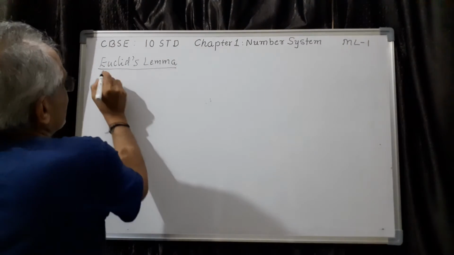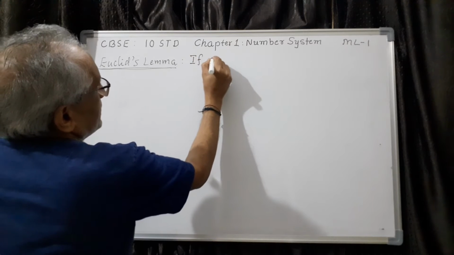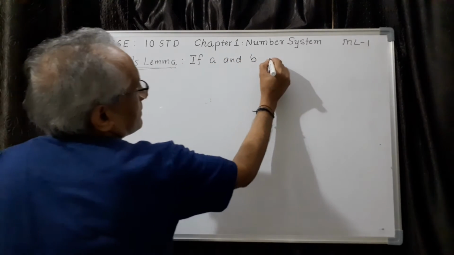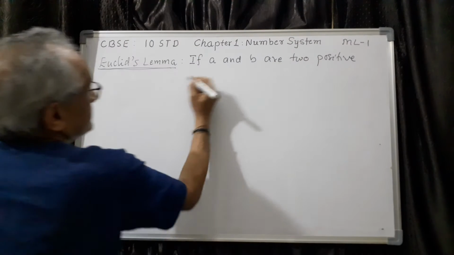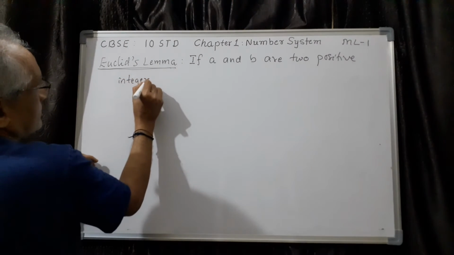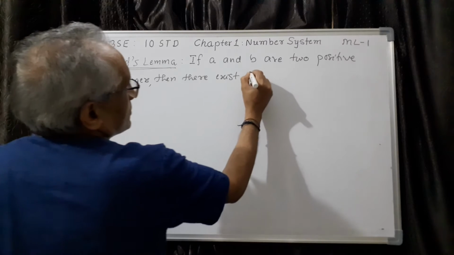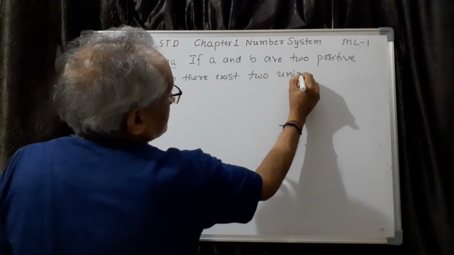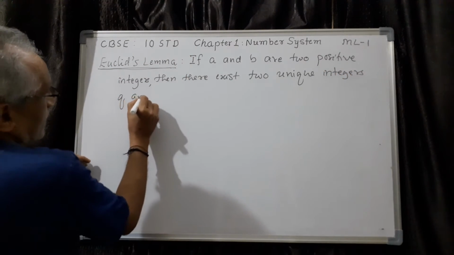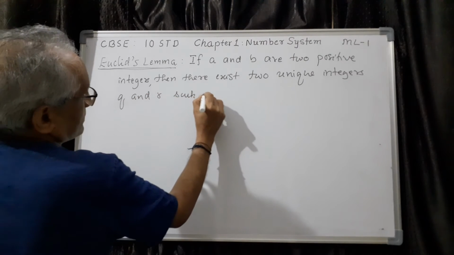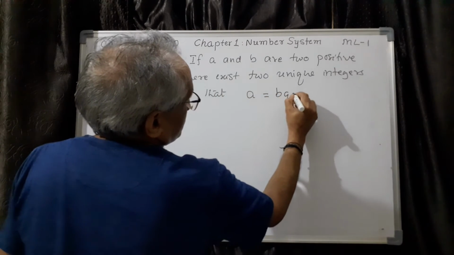So Euclid's lemma says, if a and b are two positive integers, then there exist two unique integers q and r such that a equals bq plus r.